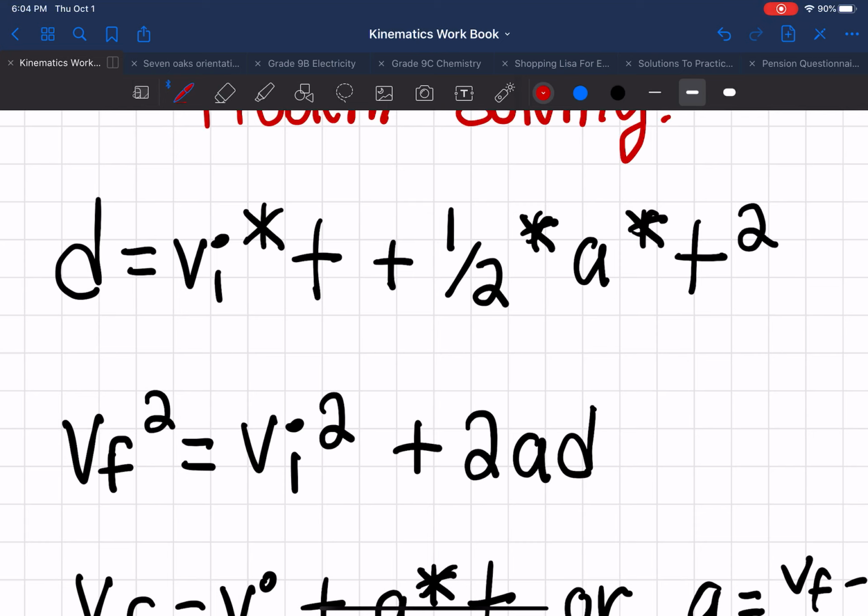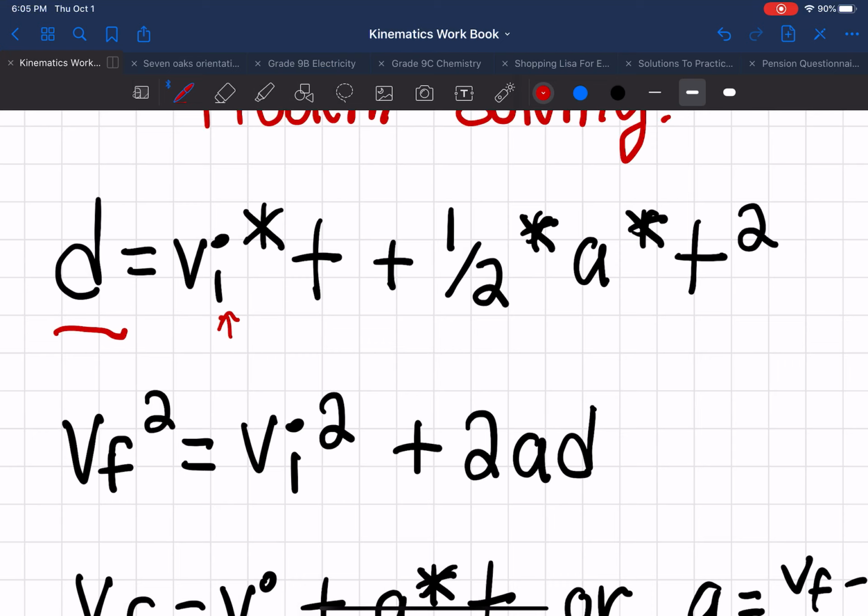So D in this equation stands for displacement or distance, depending on what the question is asking for. Then we have the initial velocity, Vi. This stands for initial, so it's the first velocity that is given. Usually it is 0 meters per second, or whatever the car is already at in its motion, and sometimes the final velocity is 0, depending on whether the car is decelerating or not accelerating.